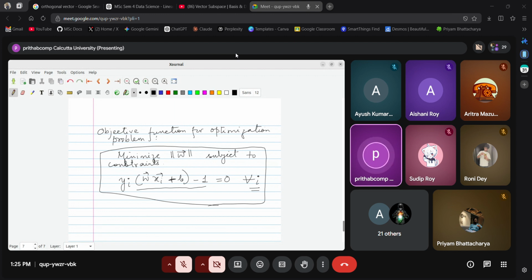So now you see this, you have also seen earlier that whenever we have an objective function and there is a subject to constraint kind of thing, then we have to apply a Lagrangian multiplier so that the constraint can be added to the objective function of this minimize w. Okay.